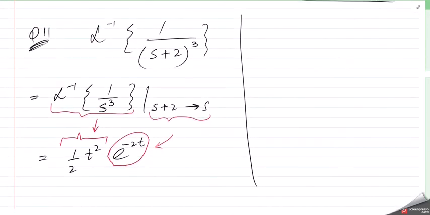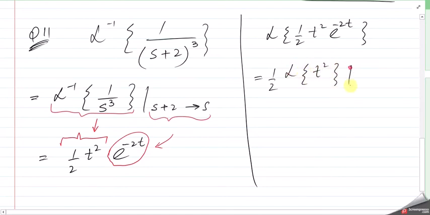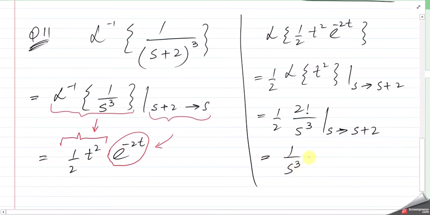If you look at this question, Laplace of half t square e power minus 2t, what would it be? 1 by 2. What is Laplace of t square? And then shift s goes to s plus 2, and that would be 1 by 2, 2 factorial over s cube, s goes to s plus 2, and that is 1 over (s plus 2) cube.